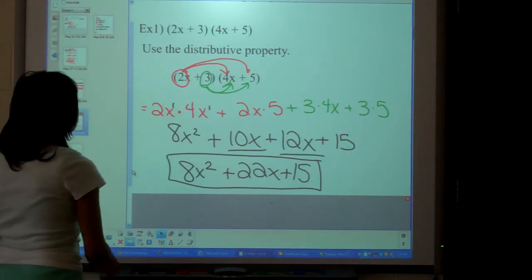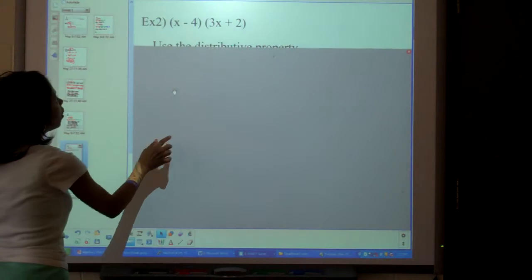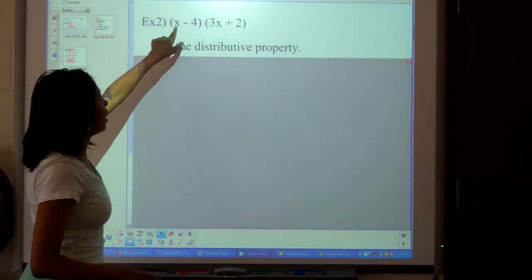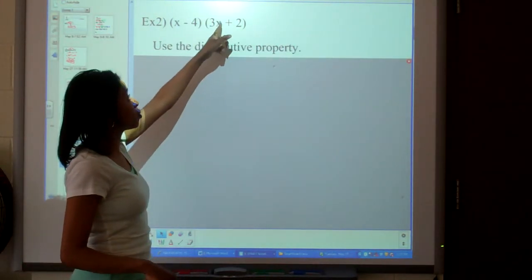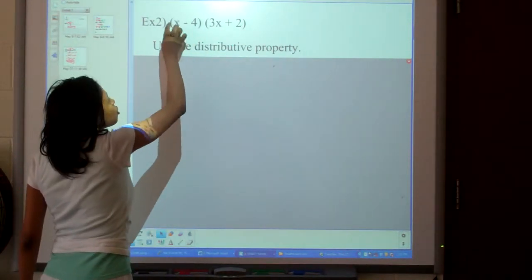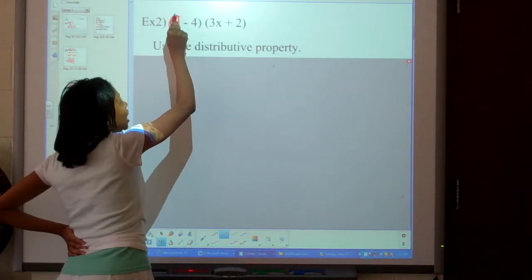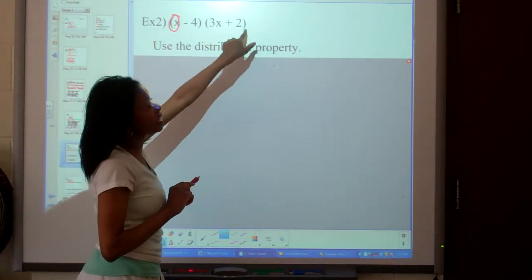Let's look at example number 2. We have x minus 4 times 3x plus 2. We use the distributive property, and remember, distribute means we need to share. So we're going to take this x and multiply by everything in the second parenthesis.